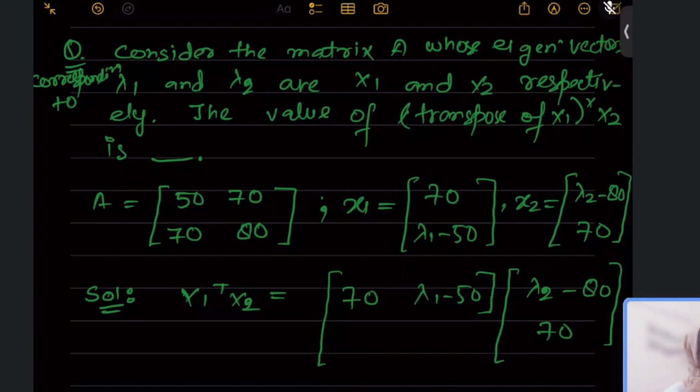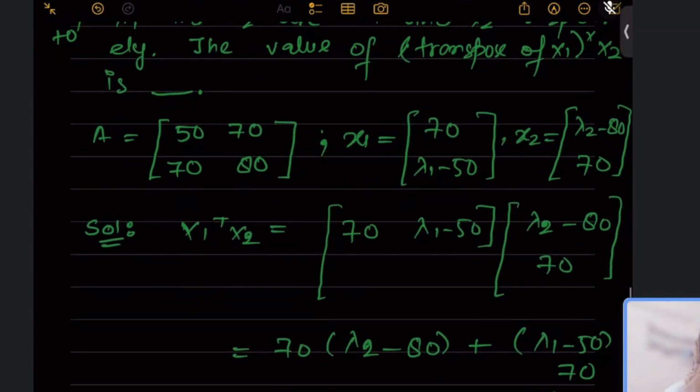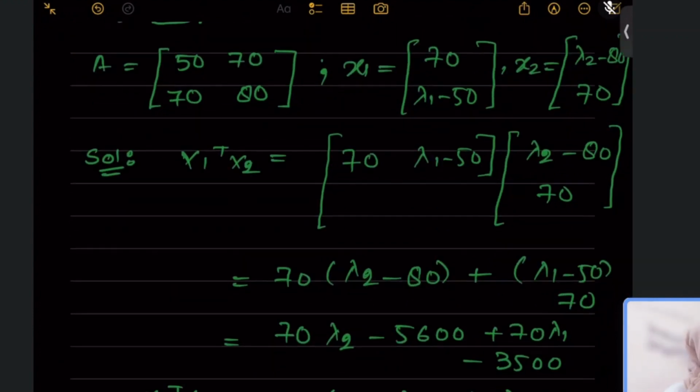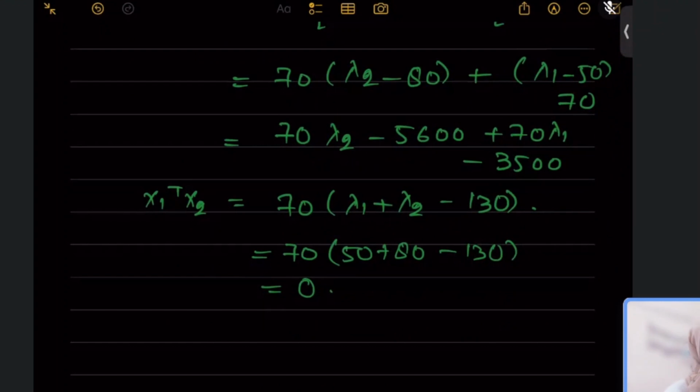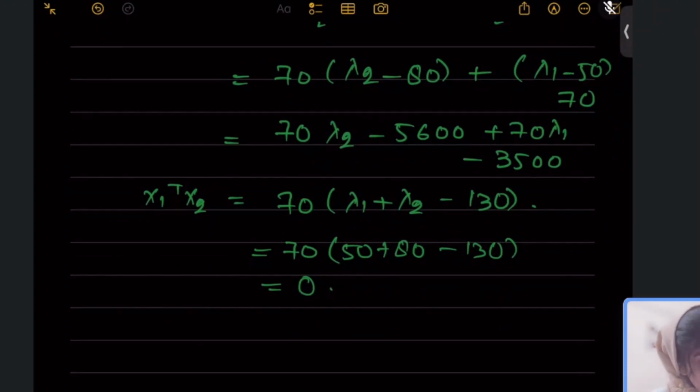So without solving any of this, if you could just look at A and say, yeah, it is a symmetric matrix, the eigenvectors are going to be orthogonal, so the dot product will be 0, x1 transpose x2 will be 0, right? It would save you a lot of time. That's the thing with these competitive exams, they give you these questions.